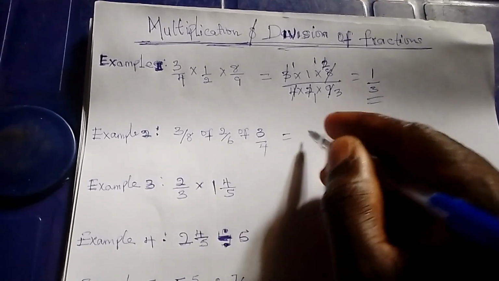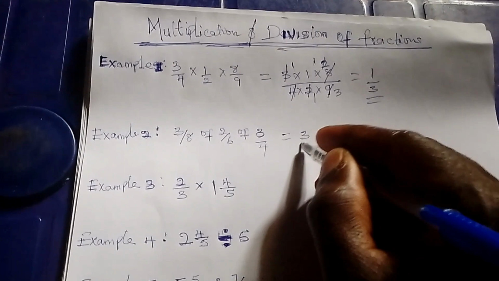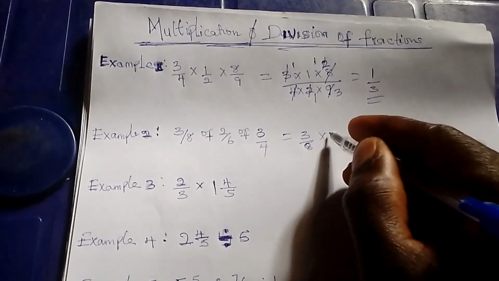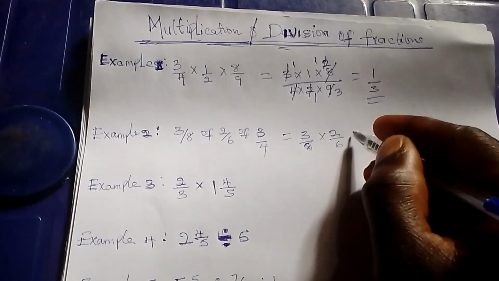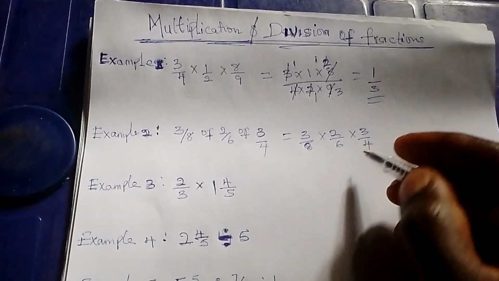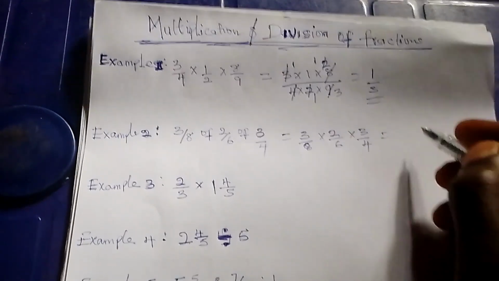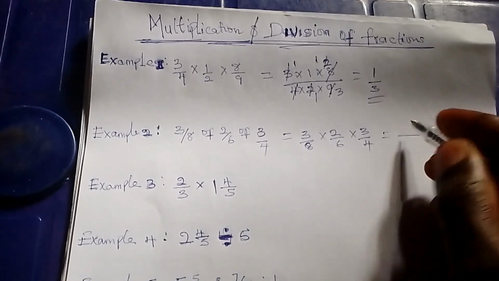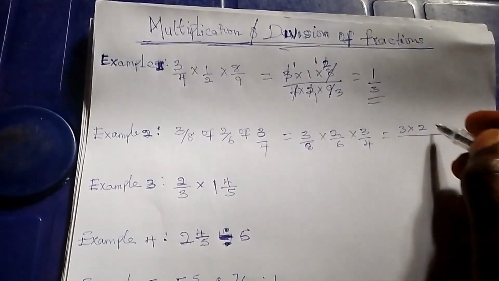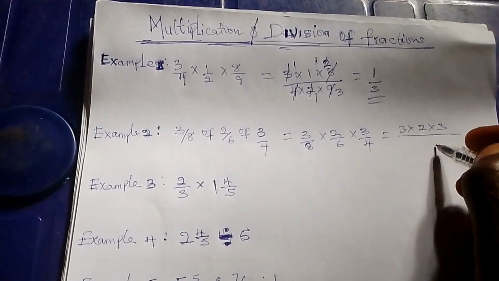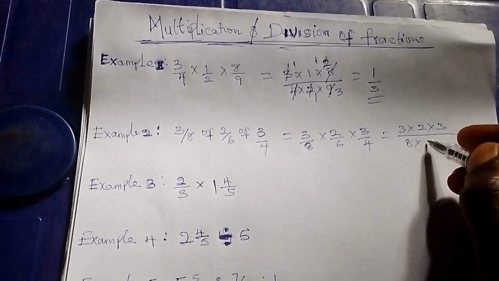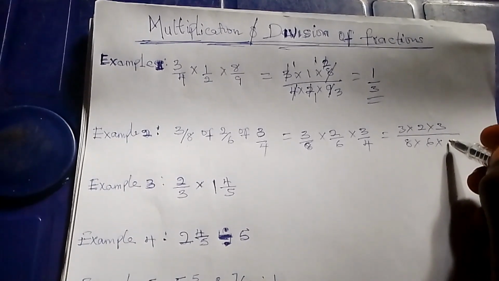So we can write this as 3 all over 8 multiplied by 2 all over 6 multiplied by 3 all over 4. So this will give us, multiplying the numerators, 3 multiplied by 2 multiplied by 3, all over 8 multiplied by 6 multiplied by 4.